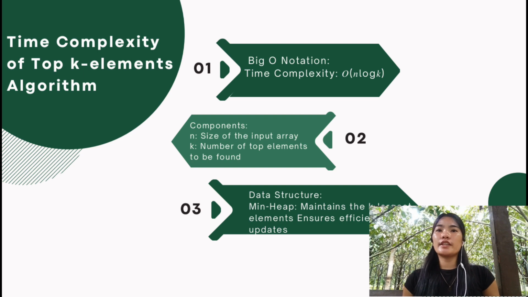Then next, for the data structure, the min heap maintains the k largest elements and ensures efficient updates. The use of a min heap is crucial as it allows for maintaining a dynamically updated set of the top k elements with minimal overhead.